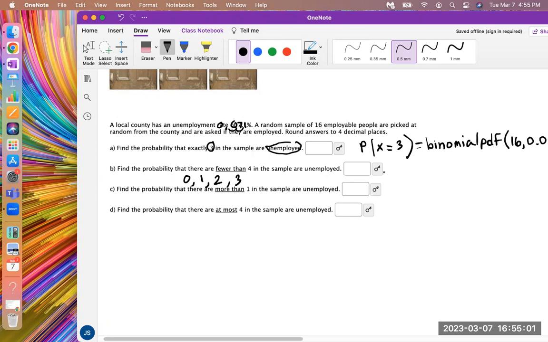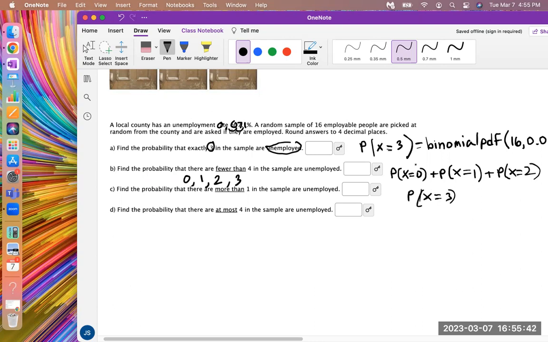So what you need to do is find the probability that X will equal 0, that there'll be no people in a sample of 16 that are unemployed, and add it to the probability that there'll be exactly one person unemployed in a group of 16, plus the probability that there'll be exactly two, plus the probability of 3, and you have to add those all together.